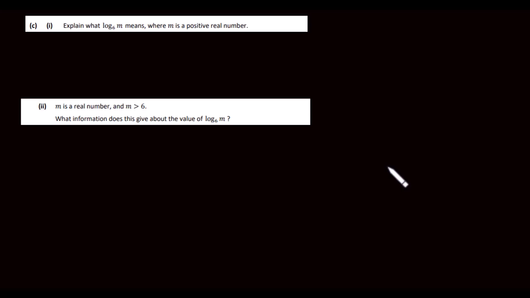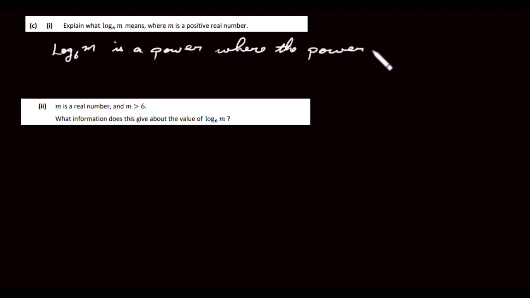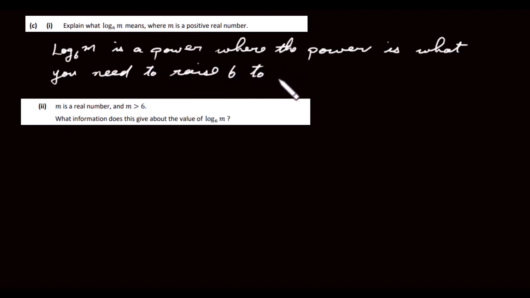It says, explain what log m to the base 6 means where m is a positive real number. So log m to the base 6 is a power, where the power is what you need to raise 6 to, to get m.